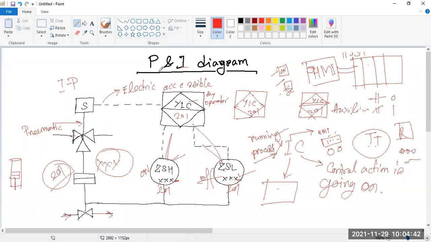So this is something about the P and I diagram. P and I diagram means piping and instrumentation diagram.